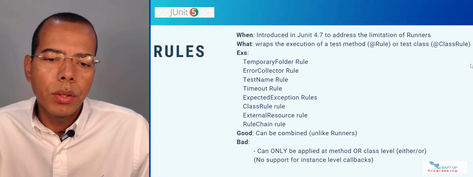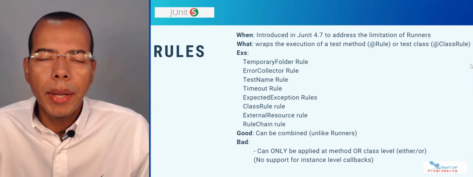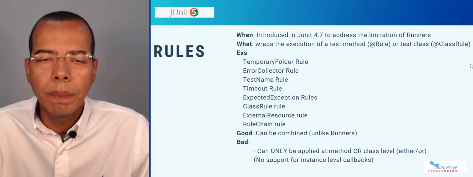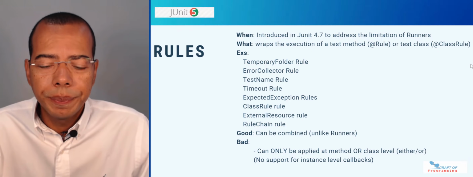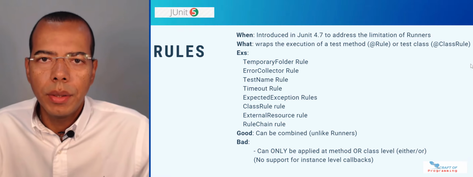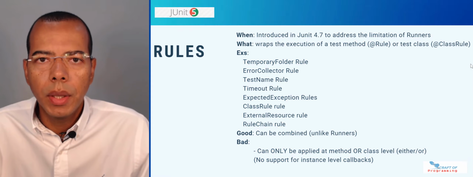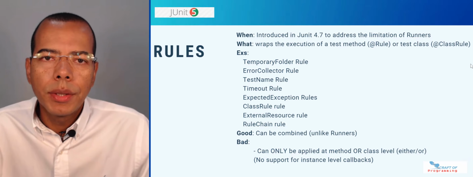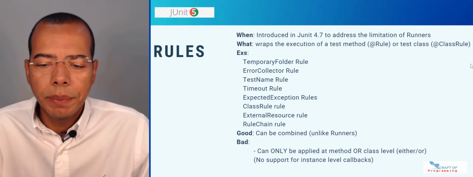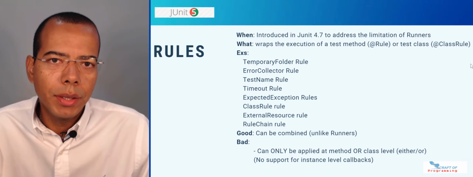And JUnit 4.7 introduced the TemporaryFolder rule, ErrorCollector rule, TestName, Timeout, ExpectedException, ClassRule, ExternalResource rule, and RuleChain. And these are covered in this course. I have a lesson on rules. Please refer to that. And one nice thing about rules is that in a single test you could combine more than one rule, unlike the runner.